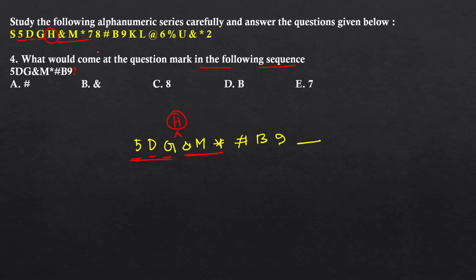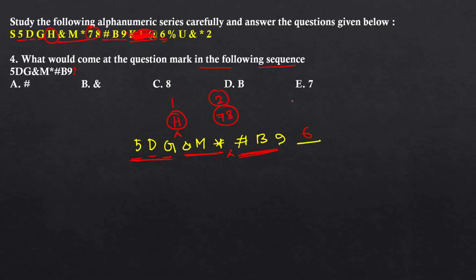Now hash B9. So they skipped 7 and 8. At first they skipped 1, now they skipped 2, then they should skip 3. Then K L at the rate is cross. Is not. So the next element should be 6.